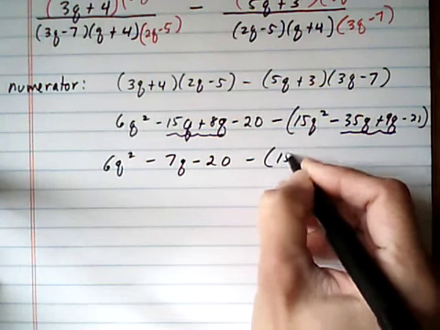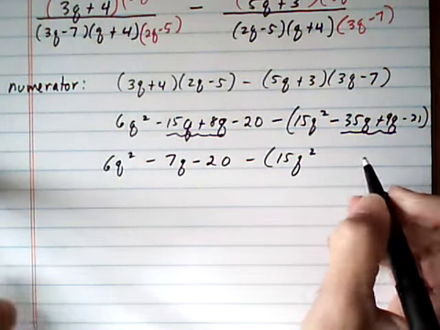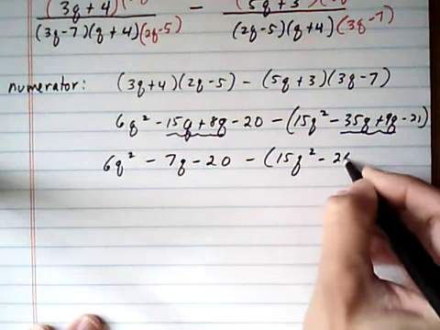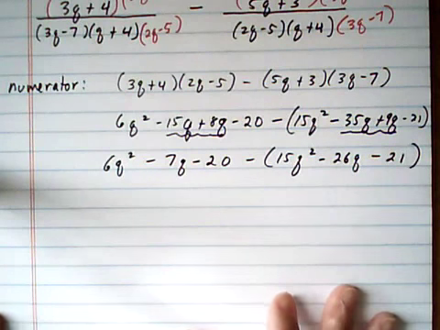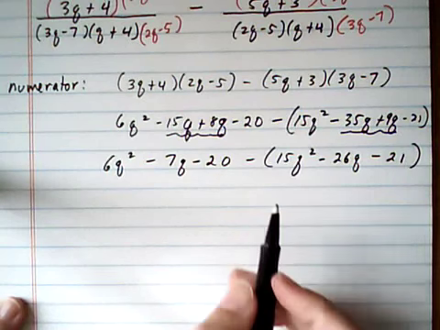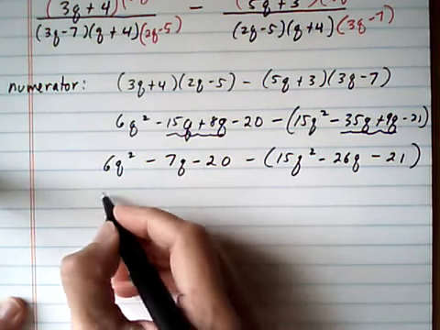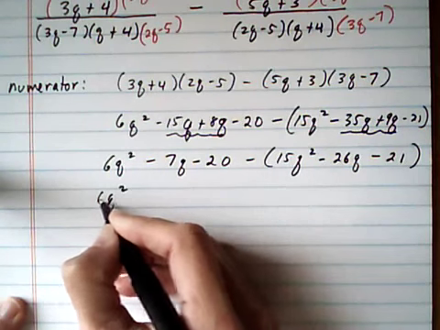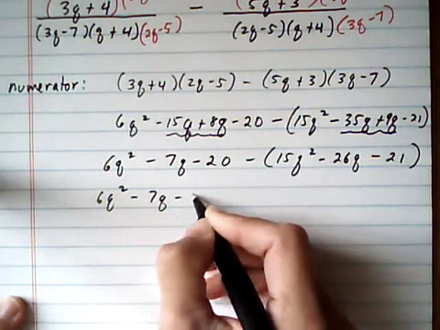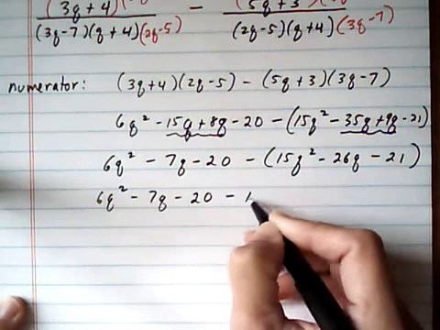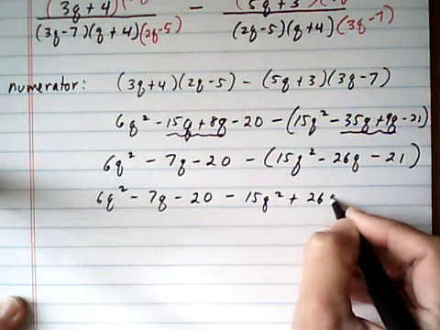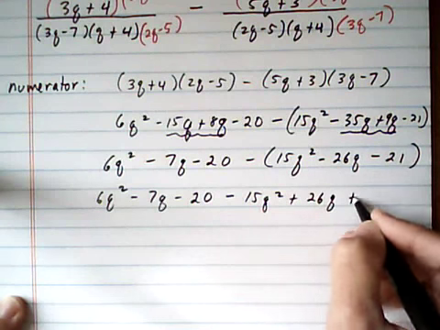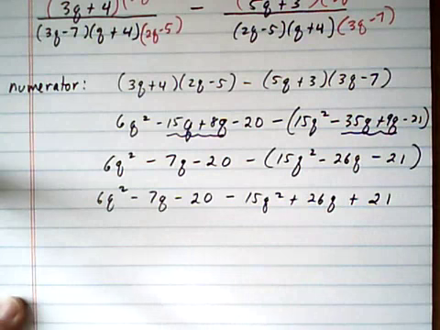Take away parentheses, 15q squared minus 26q minus 21. And now let's go ahead and distribute that minus sign. 6q squared, take away 7q, take away 20, minus 15q squared, minus minus is plus 26q, minus minus plus 21.